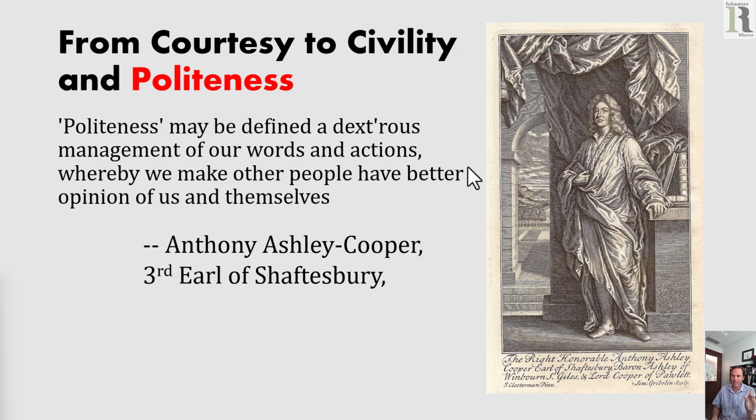And the word politeness comes from a word for being polished, finished, complete. This guy, Anthony Ashley Cooper, wrote about politeness and described it as a dexterous management of our words and actions, whereby we make other people have better opinion of us and themselves.